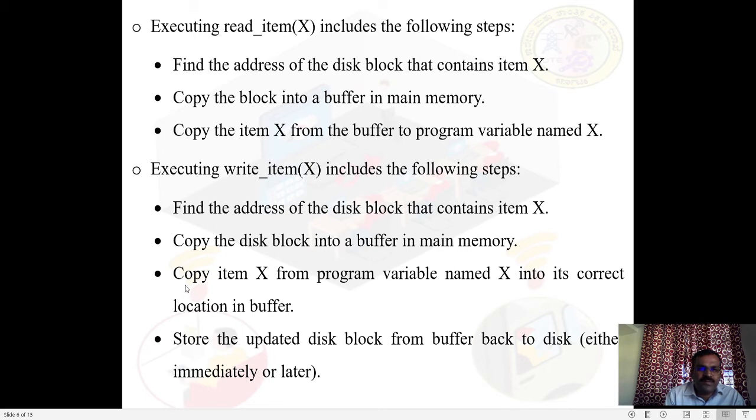Next step, copy the item X from the program variable named X into its correct location in the buffer. And then store the updated disk block from the buffer back to disk, either immediately or later. These are the steps required to execute write_item(X).